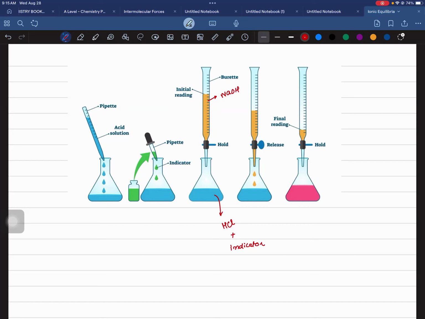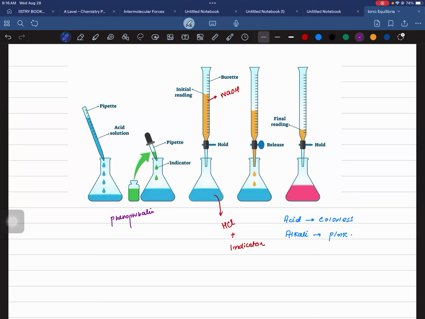Remember that if you are going to add indicator in an acid, this would be colorless. I'm talking about phenolphthalein indicator. And if you are going to add indicator in an alkali, it would be pink.